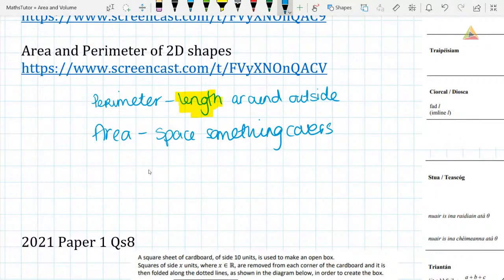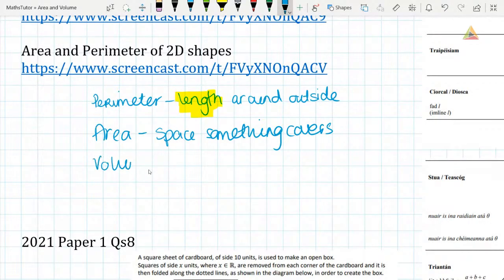So now we're looking at flat objects, and it might be a rectangle or a triangle or a disc. We're going to see how much space they're taking up. And when we're dealing with area, we're going to have meters squared, centimeters squared, kilometers squared. So we're going to have squares in our answers.